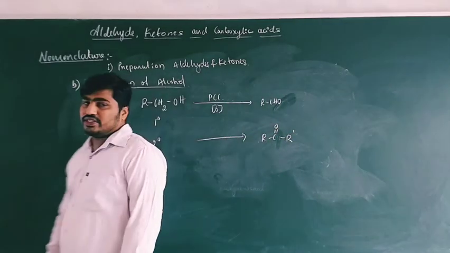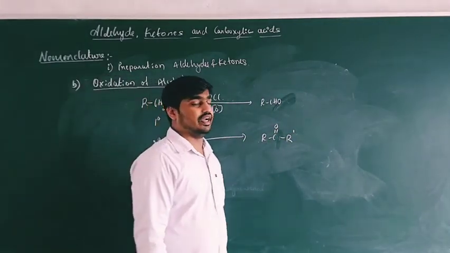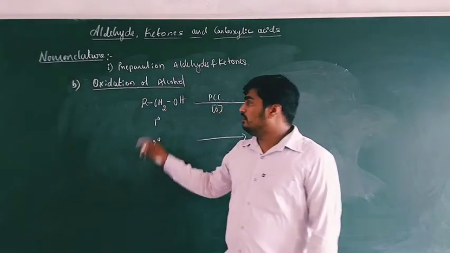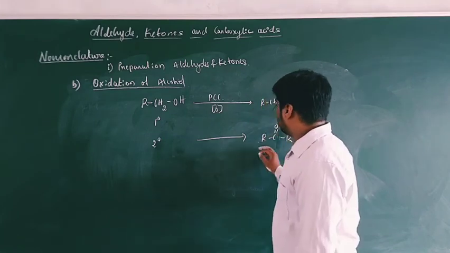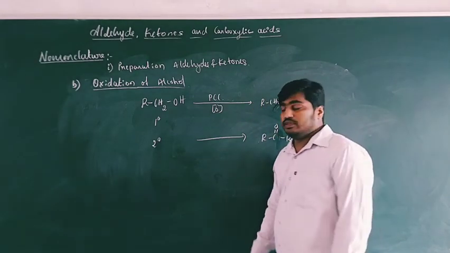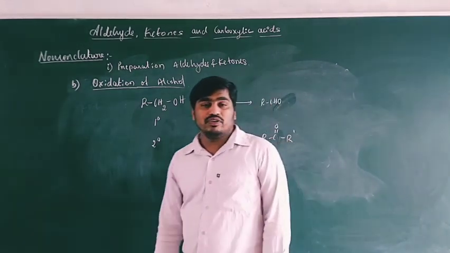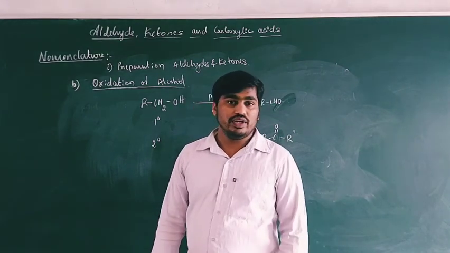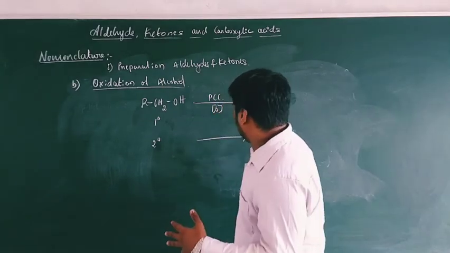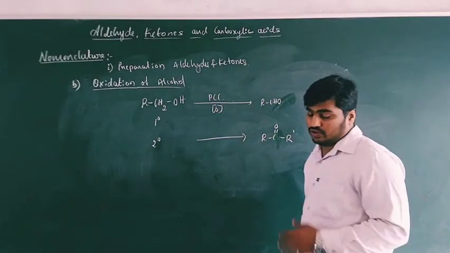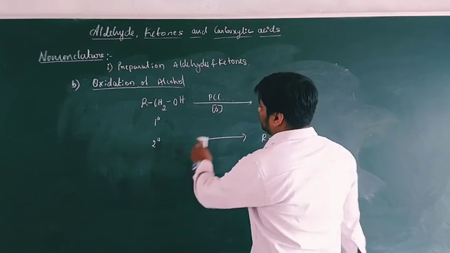So it depends upon the degree of the alcohol. If we use the primary, then aldehyde is produced. If we use the secondary, then it gives the ketones. Suppose we use tertiary, there is no possible reaction. So these are again very important concepts. Primary gives aldehyde, secondary gives ketones after the oxidation.